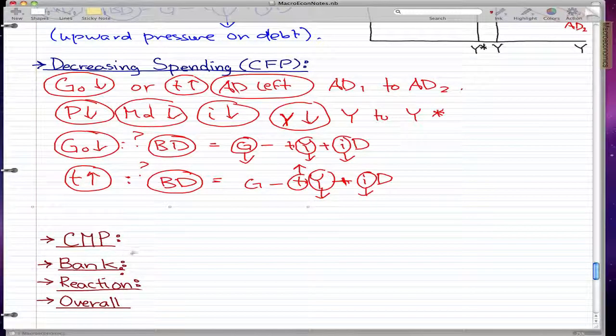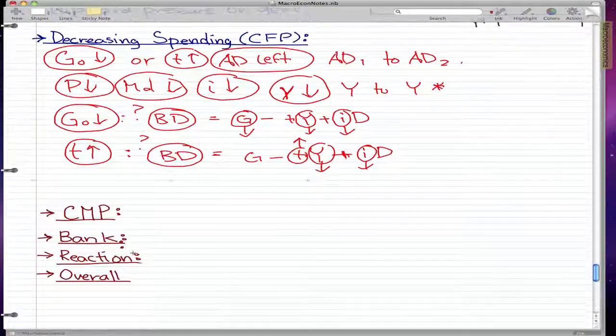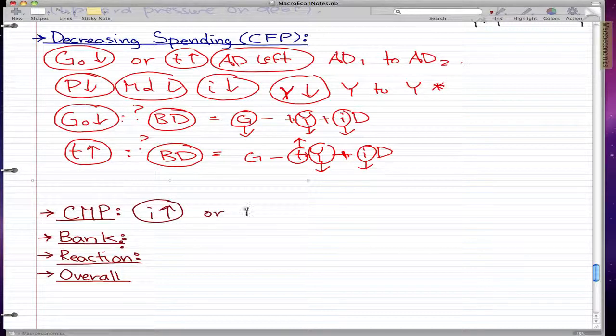Now, the contractionary monetary policy is the last way we can fix our inflationary gap, and that is when interest increases or money supply decreases.